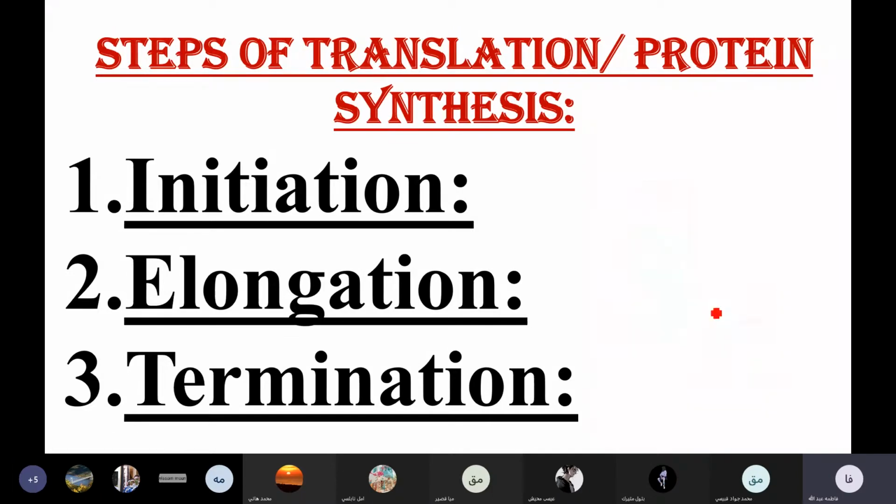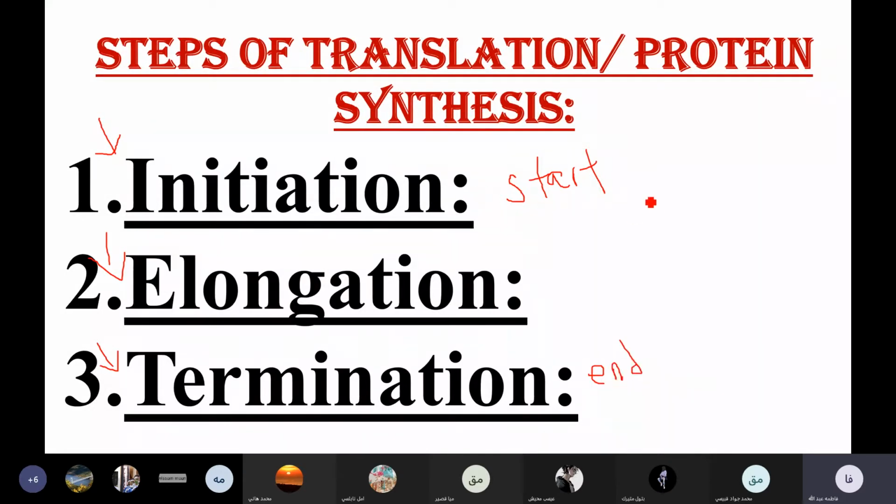Translation starts with the first step. It's called initiation. To initiate means to start. The second step is called elongation. هلا بنشوف شو بنعمل فيها. And the third step, termination, means the end.